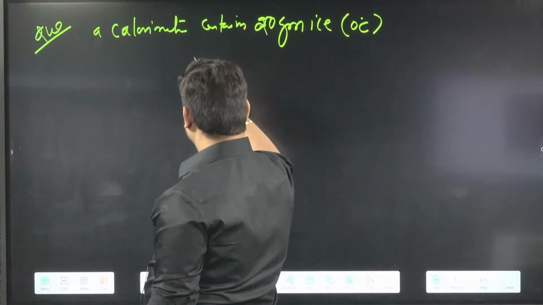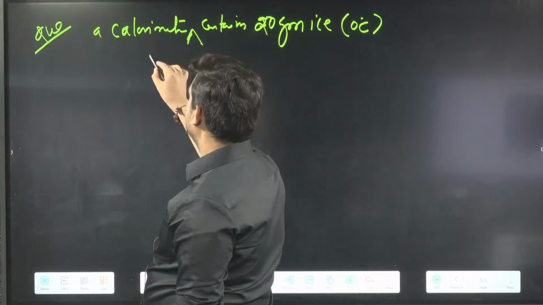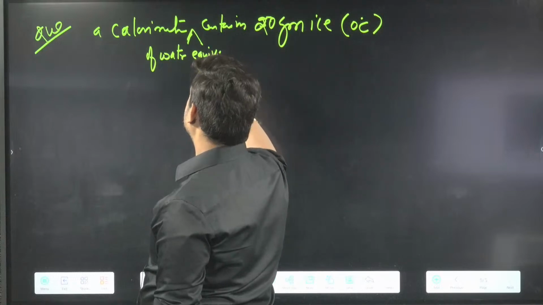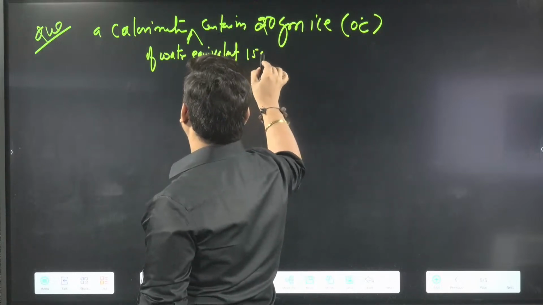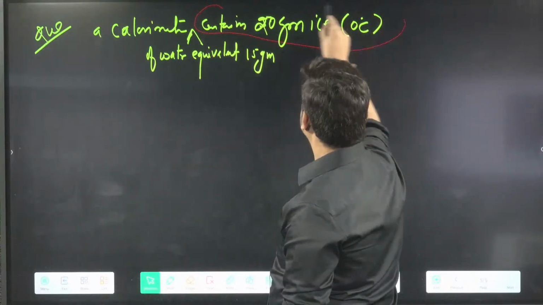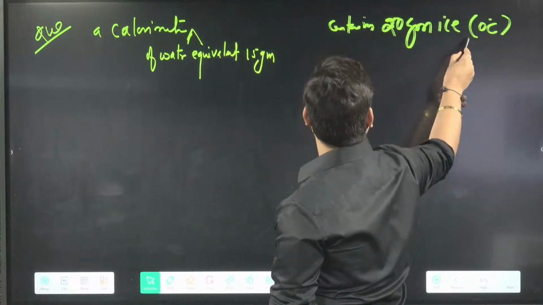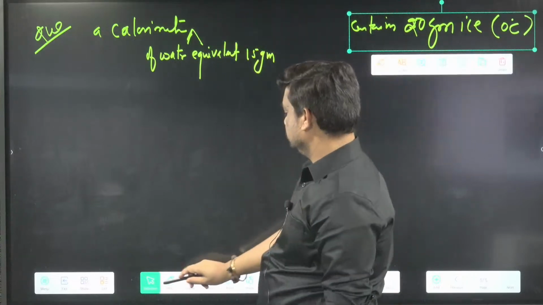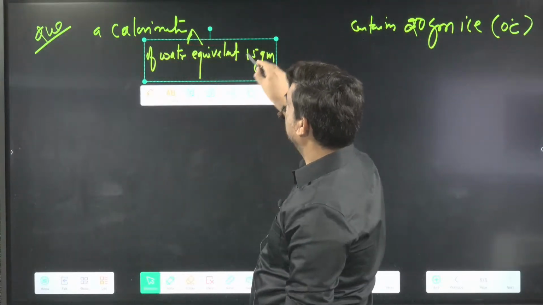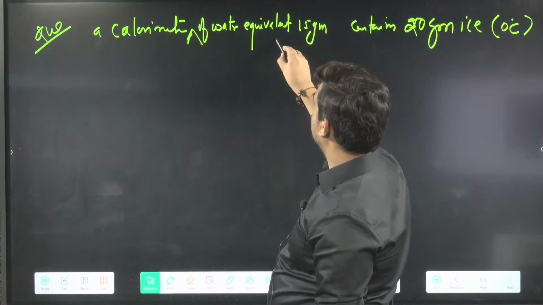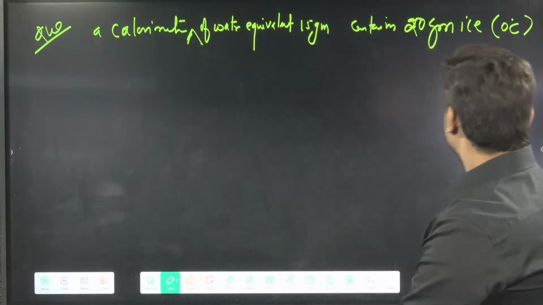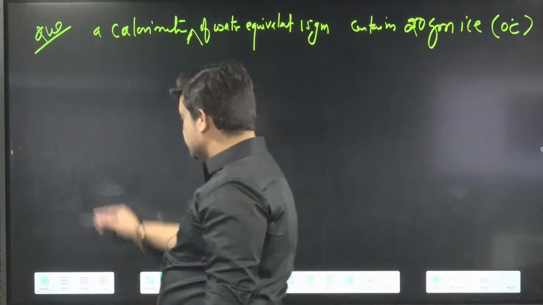A calorimeter of water equivalent 15 gram contains 20 gram ice at 0 degrees Celsius.